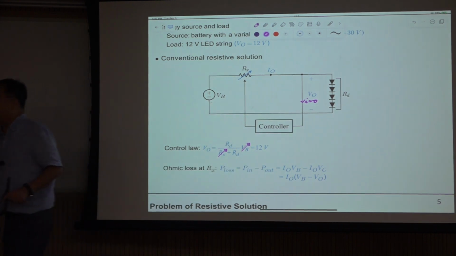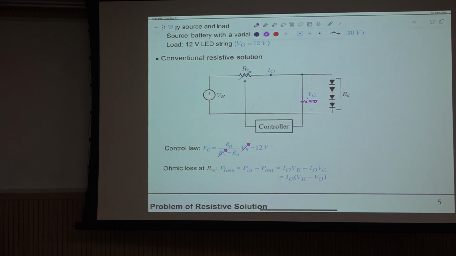Actually, you have seen this device, called a voltage regulator. It looks like this. It's written here, 7815.